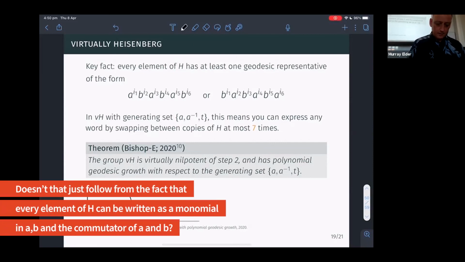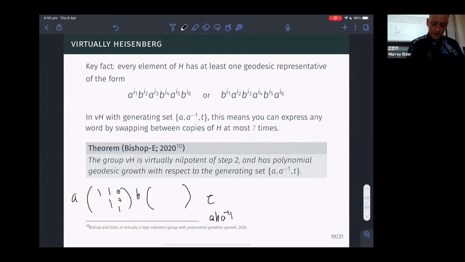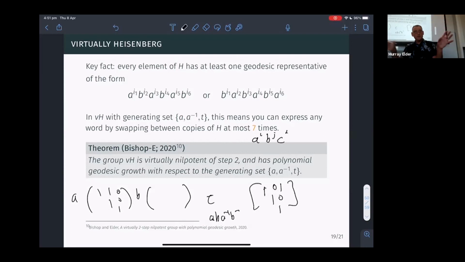Exactly, that's another. You could have A and B, and then C is just A B A inverse B inverse, which will be what you said. Yeah, but every group element could be written as some power of A, some power of B, some power of C, because you can commute A's past B's at the expense of creating C's.